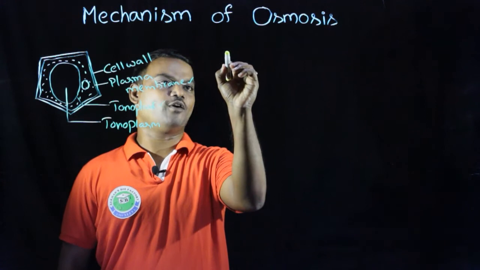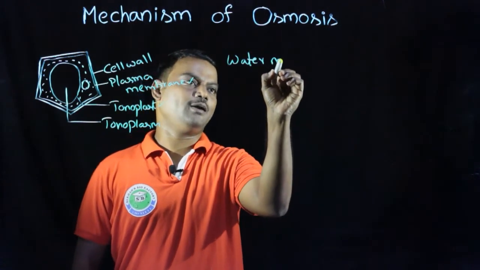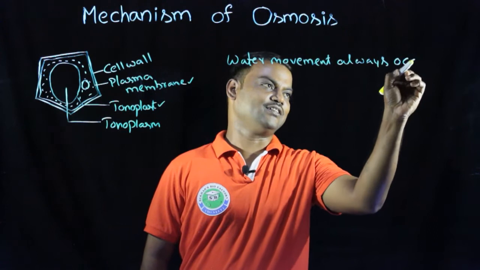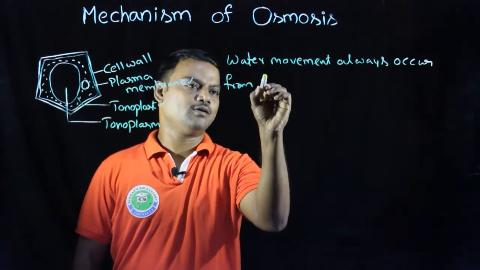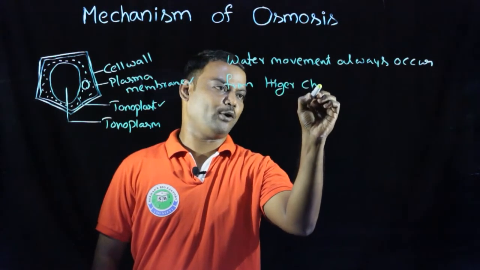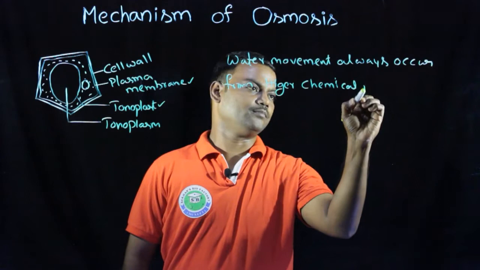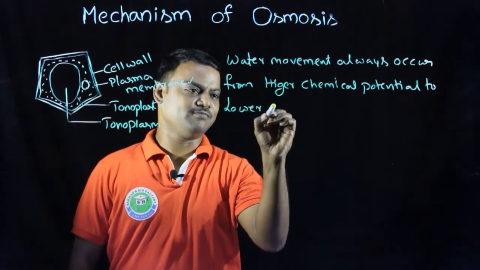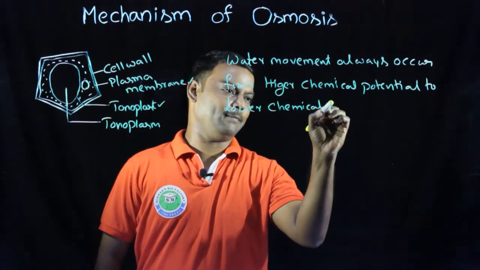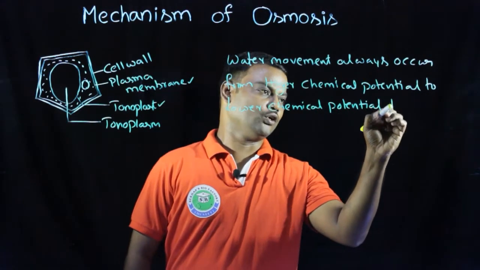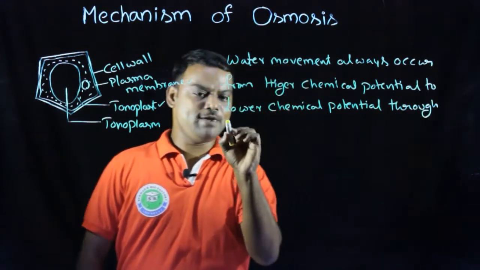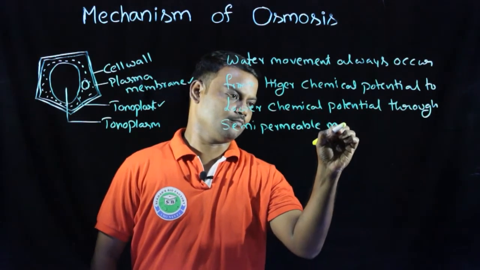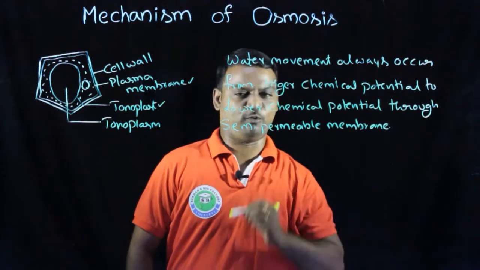So osmosis is a process in which water movement always occurs from higher chemical potential to lower chemical potential through a semi-permeable membrane. This is called osmosis process.